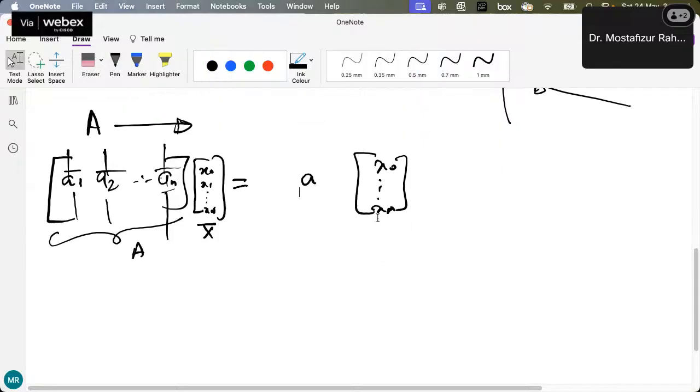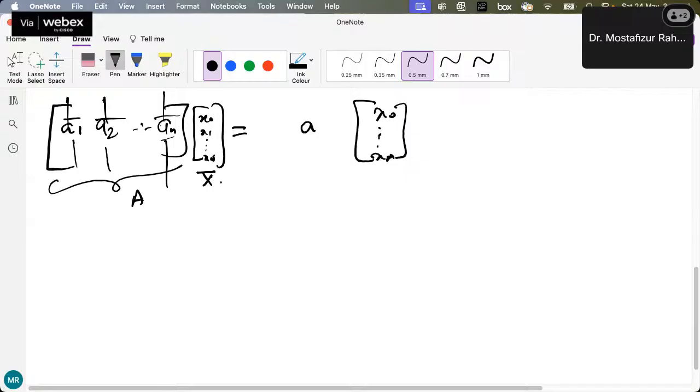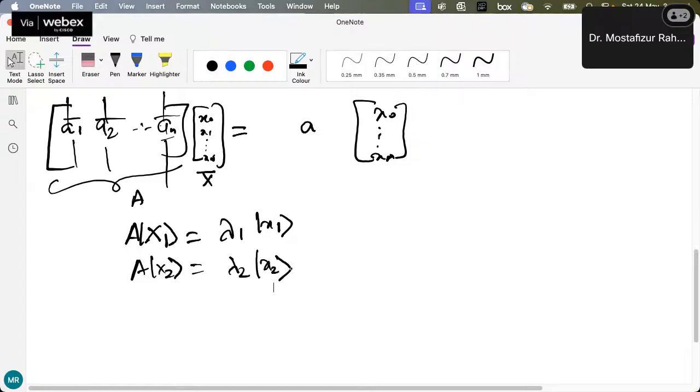Now the question is, if I find many such vectors x1, x2, x3, I can form equations like A x1 ket equals lambda 1 x1. Instead of a, I am writing lambda 1. Then A x2 equals lambda 2 x2, and so on up to A xn equals lambda n xn.